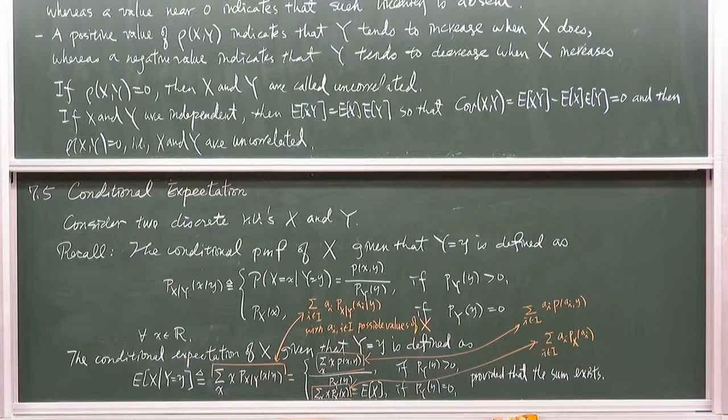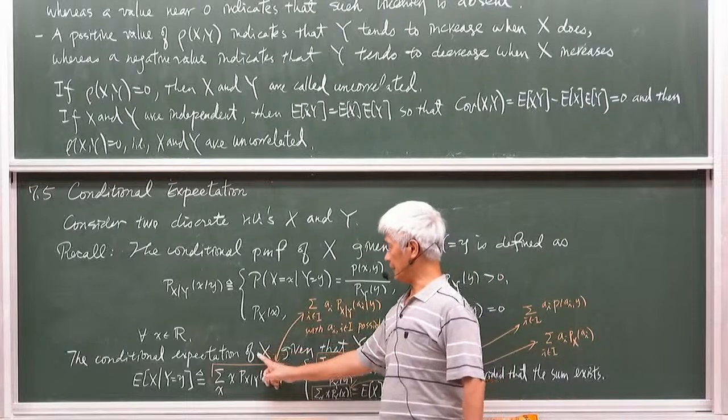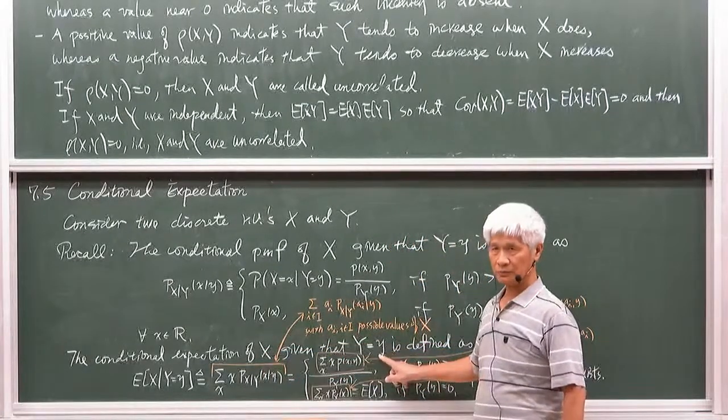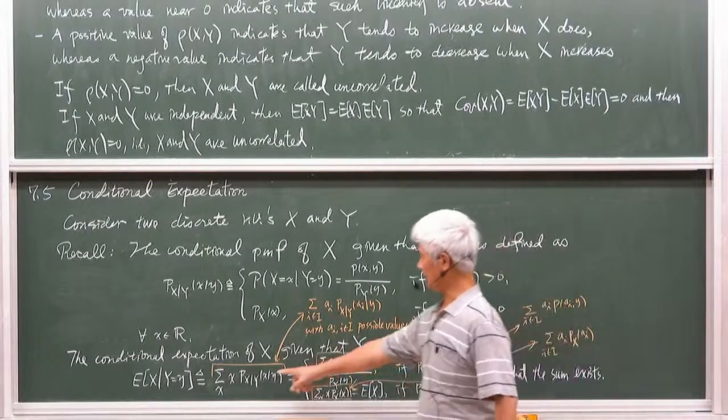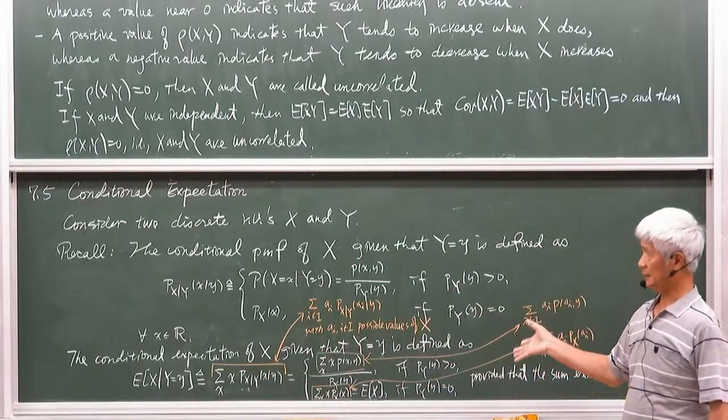So the definition of the conditional expectation of a discrete random variable X given a discrete random variable Y having a specific value little y is defined in terms of the conditional PMF.